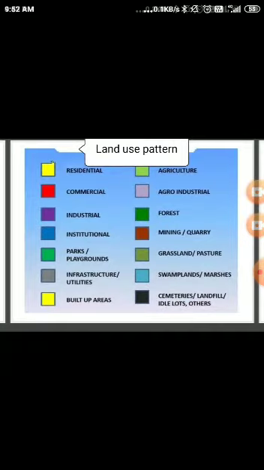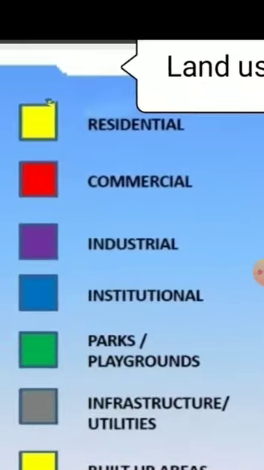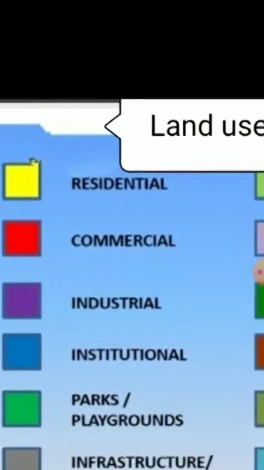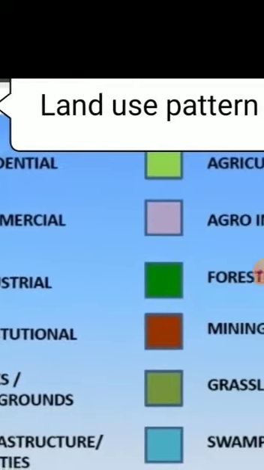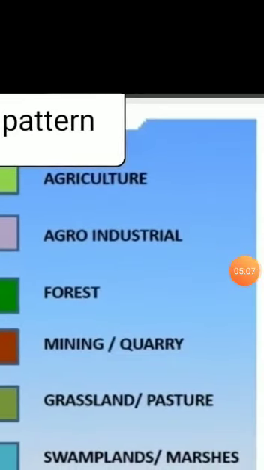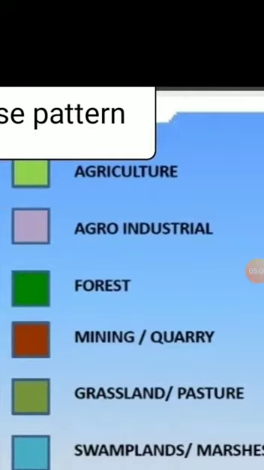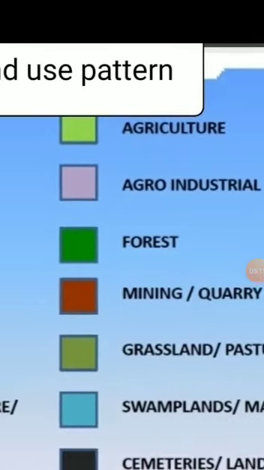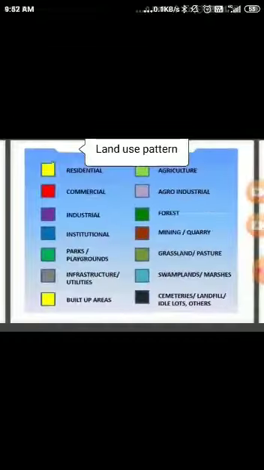In other words, different portions of the land which is available for that country are set aside for different purposes. For example, residential, commercial, industrial, agricultural, agro-industrial, for the forest, mining, etc.